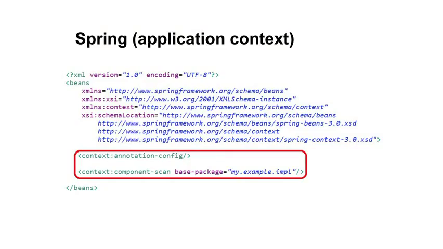You still need some XML even with the annotation-based approach in Spring, but it really boils down to just two things you need to do. You have to tell Spring you are using annotations, and you need to tell which packages it should scan for the annotated classes. It's really not something terribly interesting, but you need it.